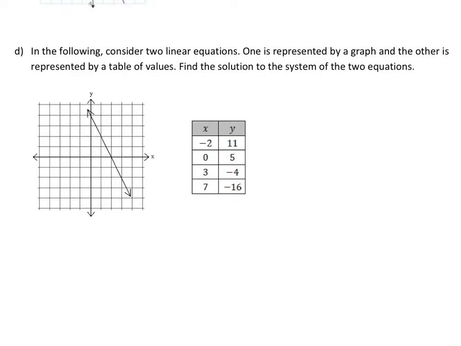So negative 2, 11, I cannot graph. 0, 5, I can definitely graph. That's up here. 3, negative 4, I can definitely graph. That's down here. So I'm going to go ahead and connect those dots and draw a line.